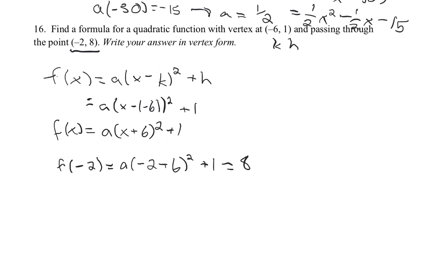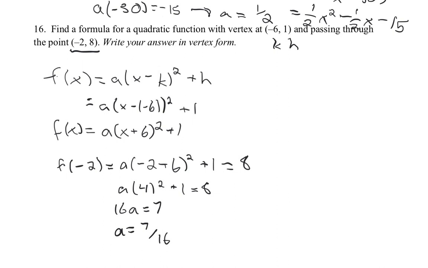This becomes a times 4 squared plus 1 equals 8. So 16a equals 7. I just squared that 4 and subtracted 1 from both sides. To solve for a, I'll divide both sides by 16. So a equals 7 over 16.